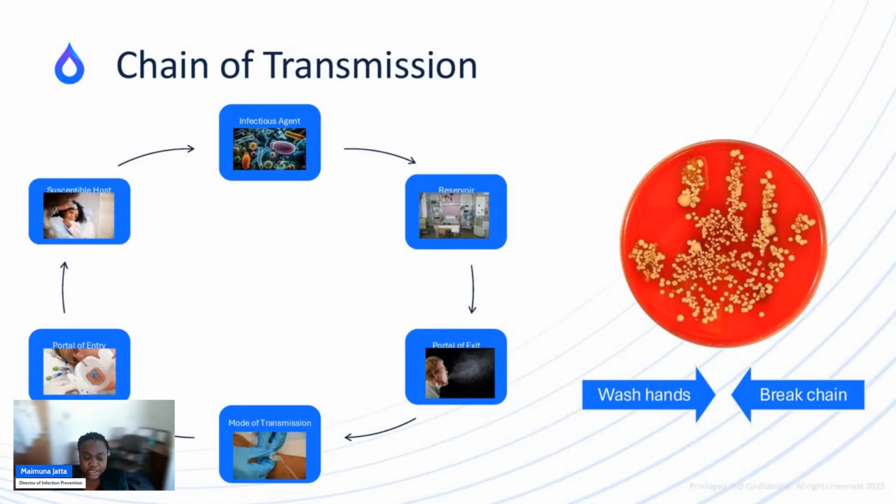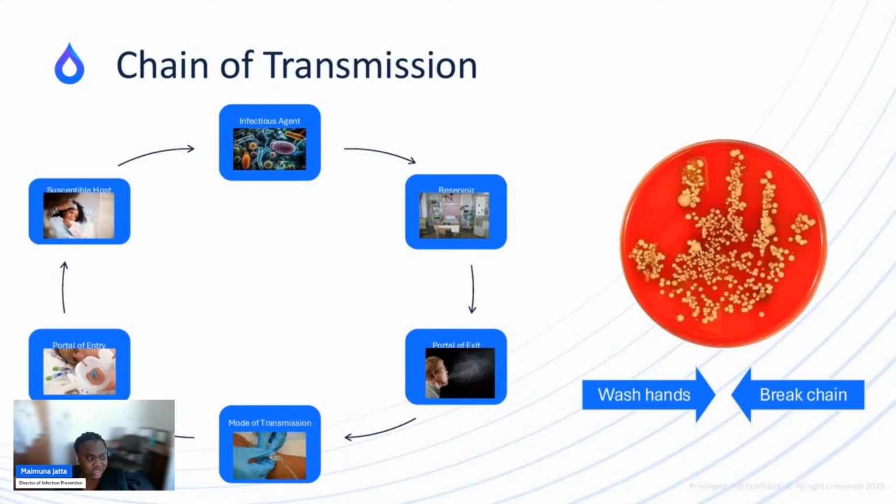Anything that has to break the individual's defense system, and the skin is the largest defense system. Some of these devices require breaking the skin to be able to place them. That increases the opportunity for microorganisms to enter the body and cause infections.